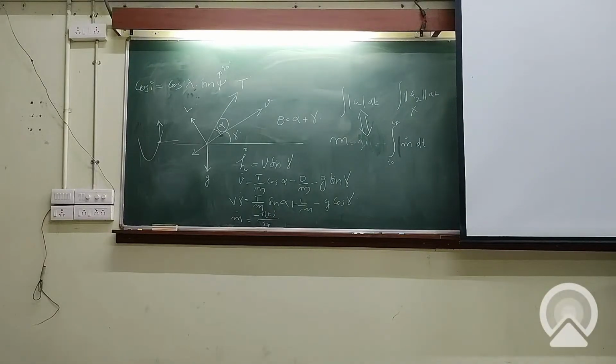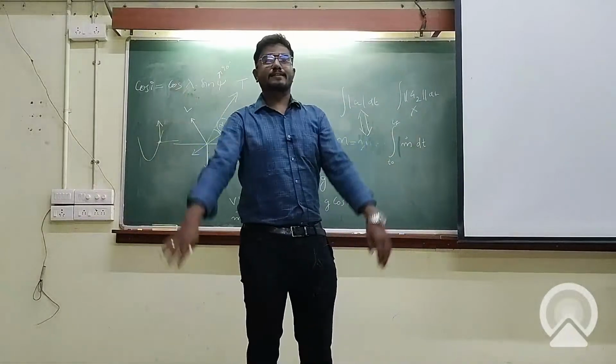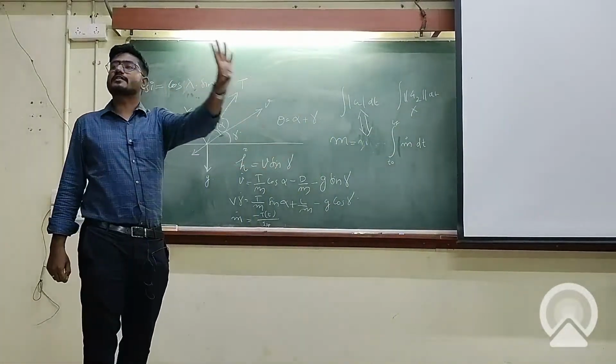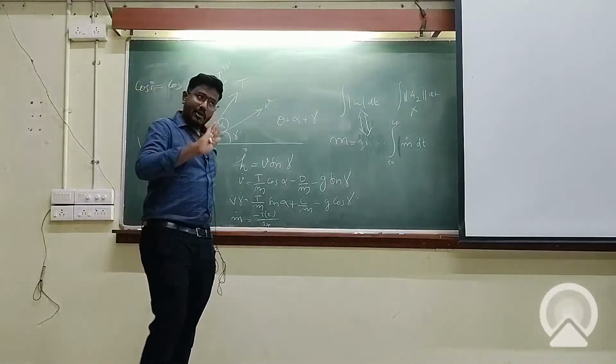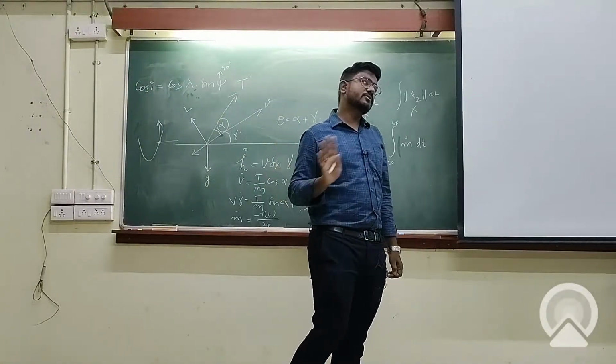Now comes the parameter that we have to optimize in the first stage. It's called the pitch kick rate. Initial pitching. So now this is linked to the first stage. You cannot afford continuous steering in the first stage because you are in the atmosphere.